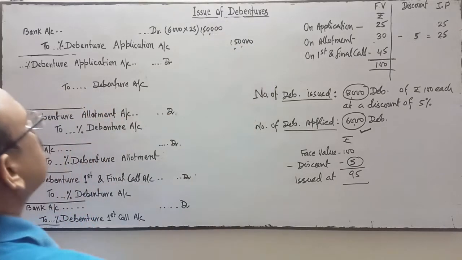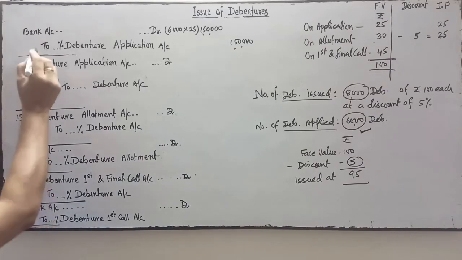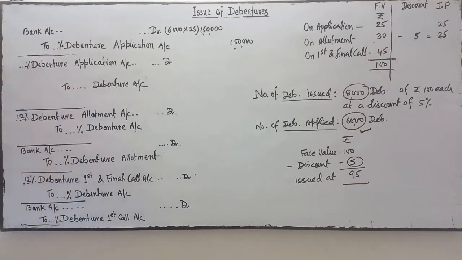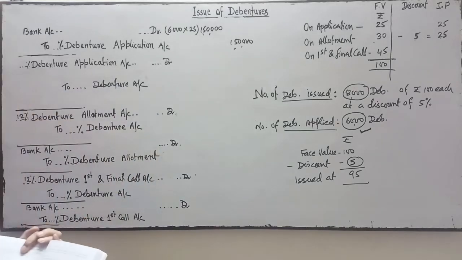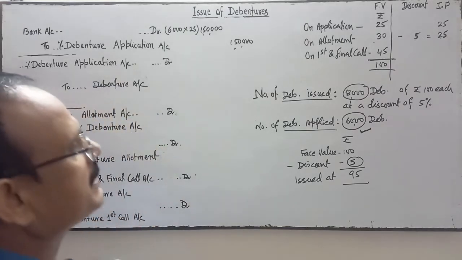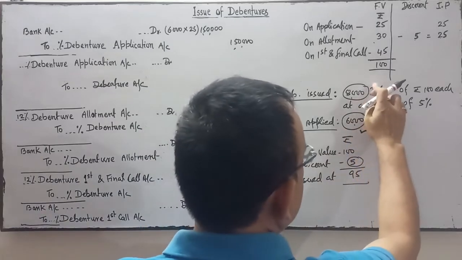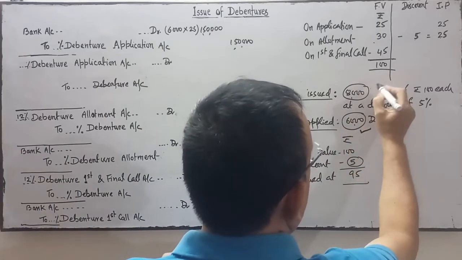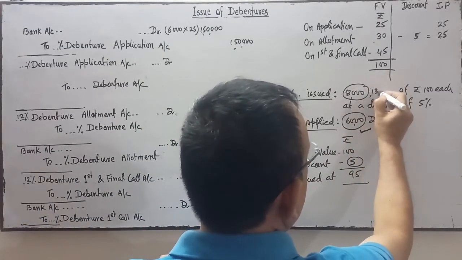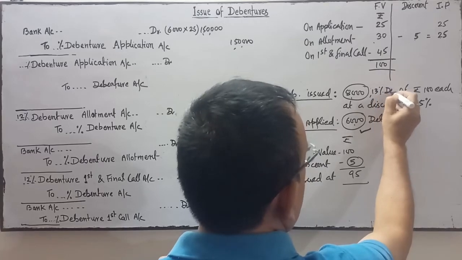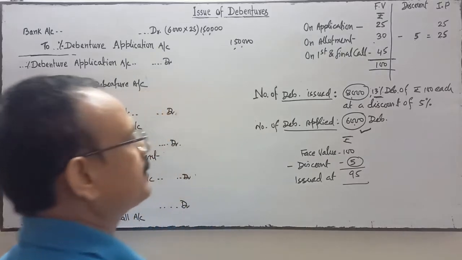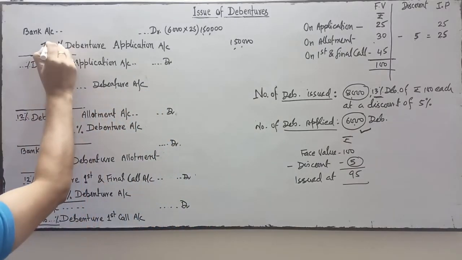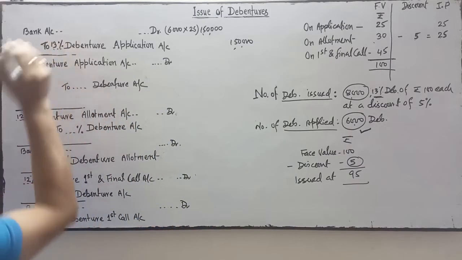Bank account debit to debenture application, and the rate of interest on debenture is how much? It is given that it's a 13% debenture. 13% debenture indicates the interest rate, so we have to mention 13% over here.